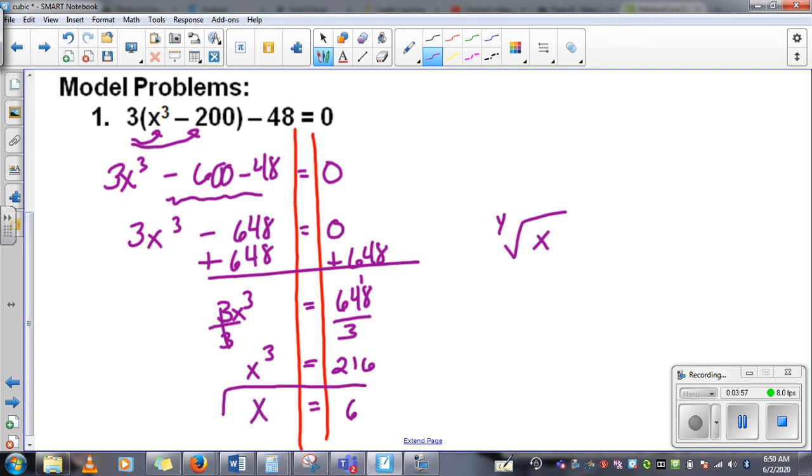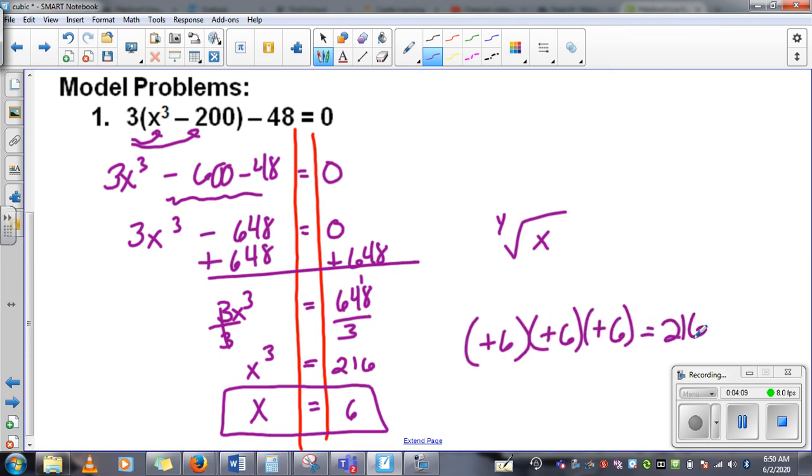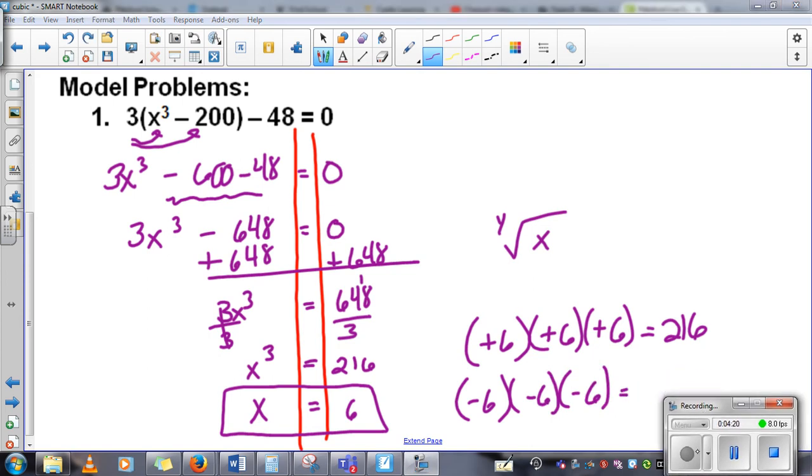Now there's no plus or minus with these, because only positive 6 times positive 6 times positive 6 gives you 216. If you did a negative 6 times a negative 6 times a negative 6, that would give you negative 216.